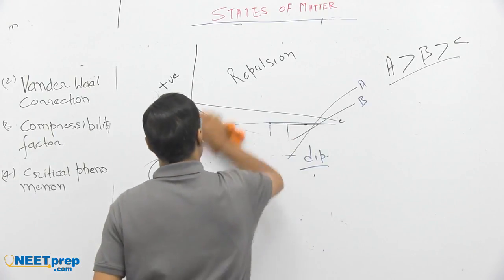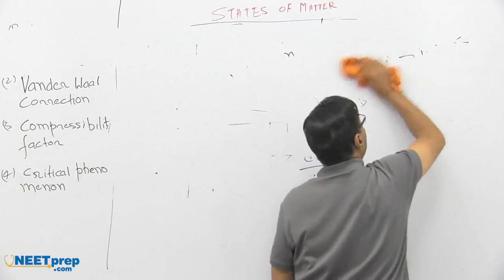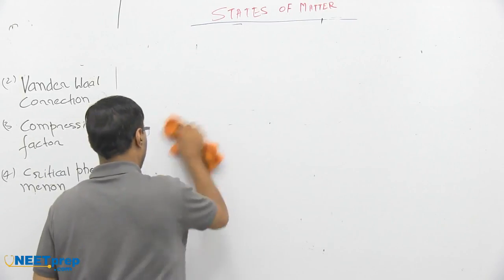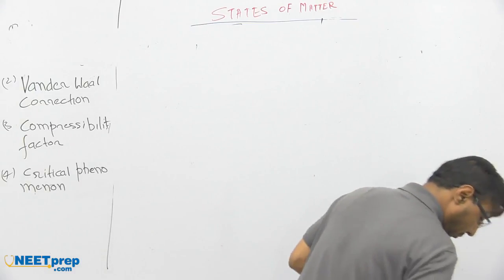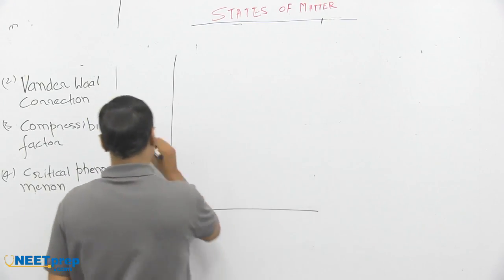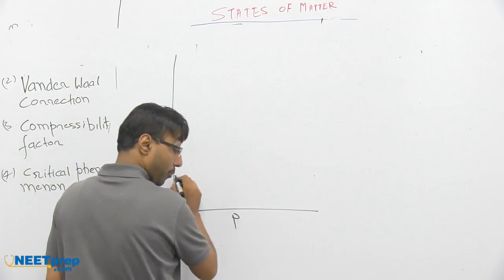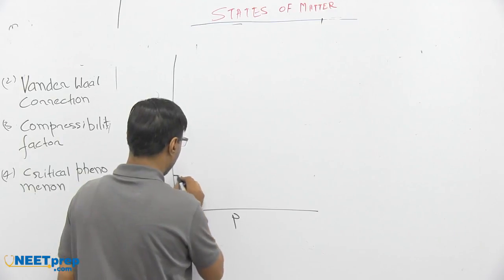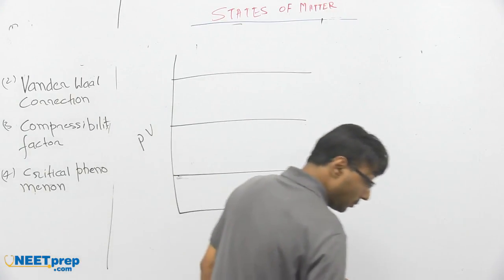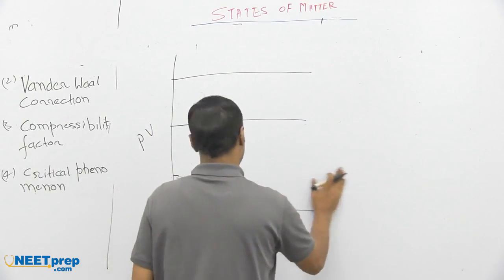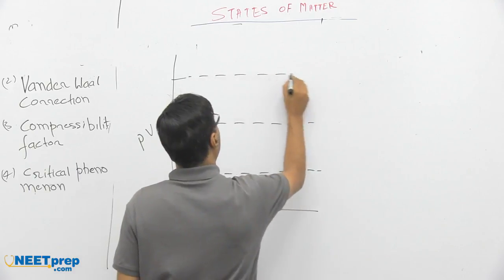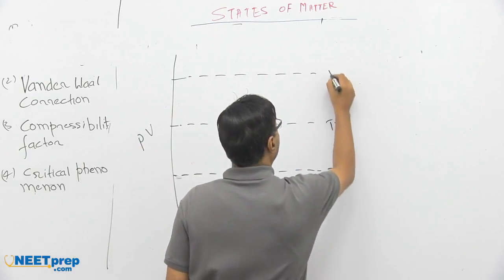एक दूसरा ग्राफ है on the same pattern. This is again for the PV versus P. They have written this one T1, T2 and T3.